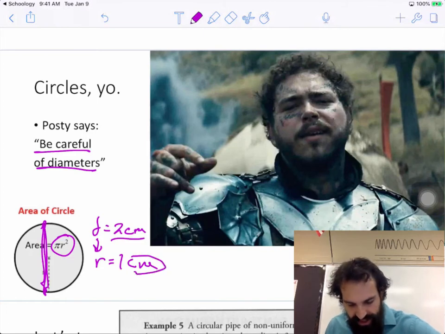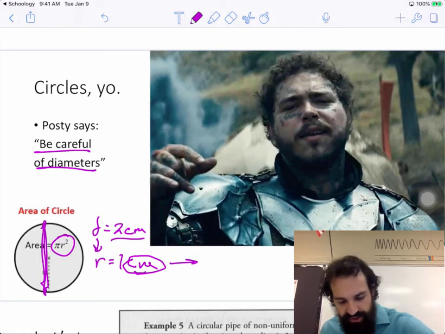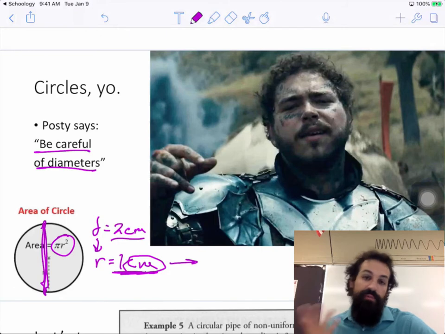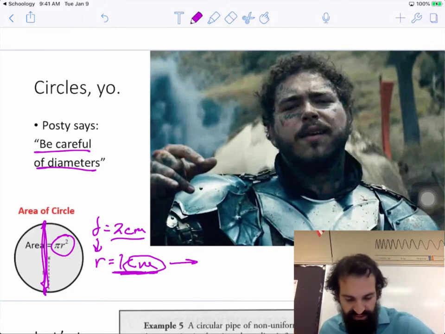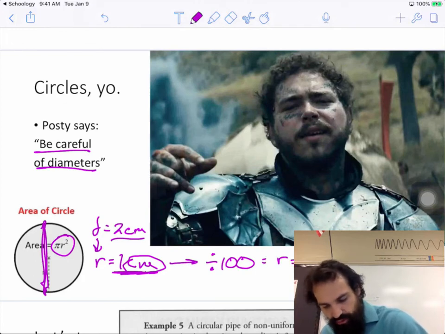And as we've done every time, your units can't be in centimeters. You need to convert them to meters. So to get from 1 centimeter to meters, how many cents are in a dollar? 100. So we divide by 100 to go from centimeters to meters, and you end up with a radius equal to 0.01 meters. Thanks, Post.